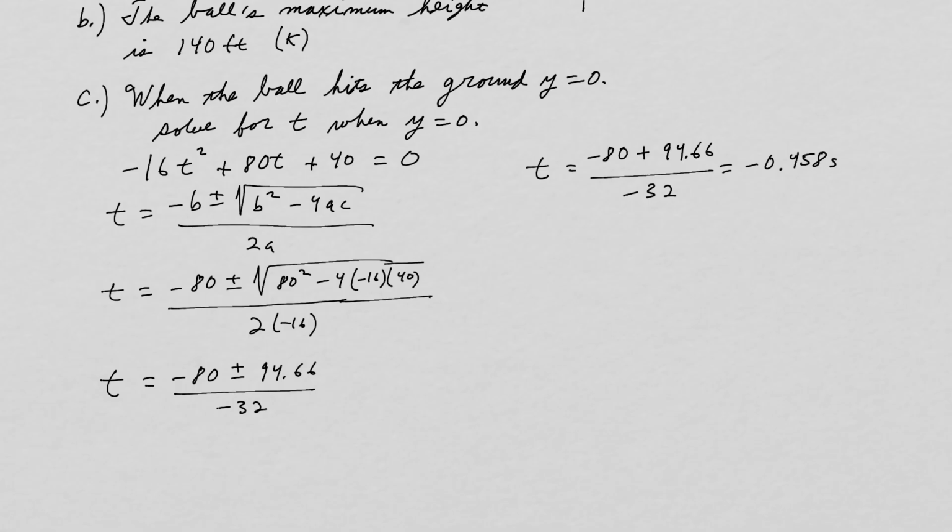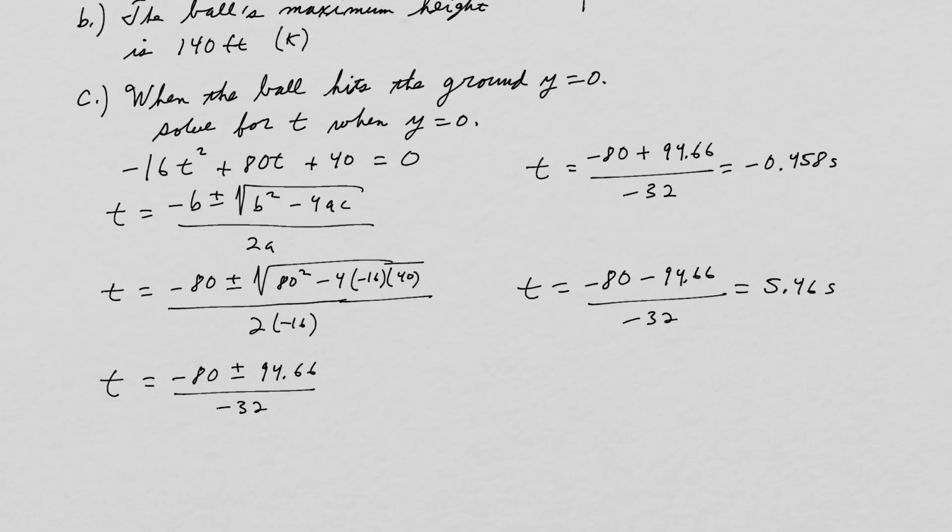And then the other solution is t equals negative 80 minus 94.66 divided by negative 32. And that turns out to be positive 5.46 seconds.